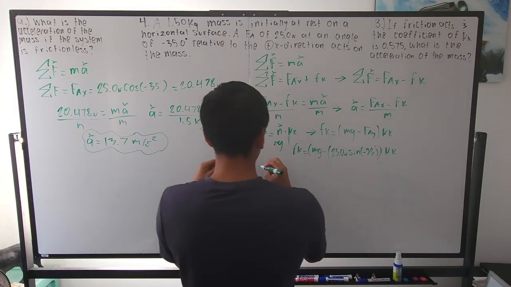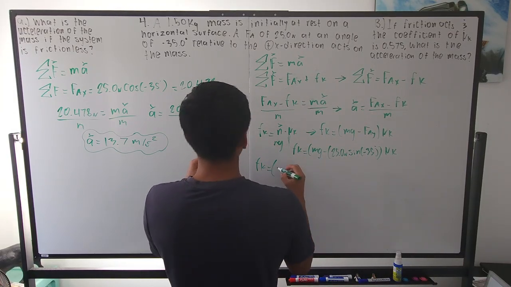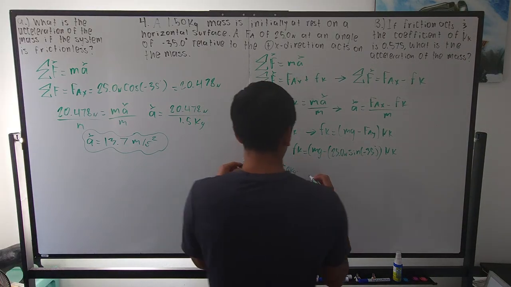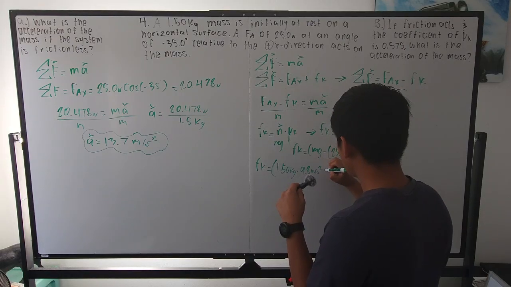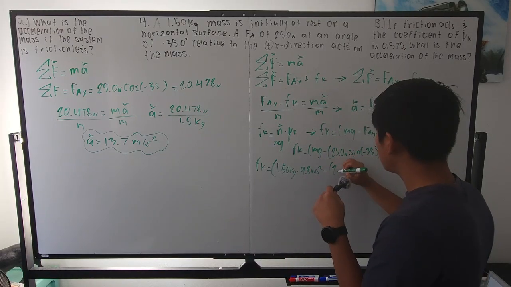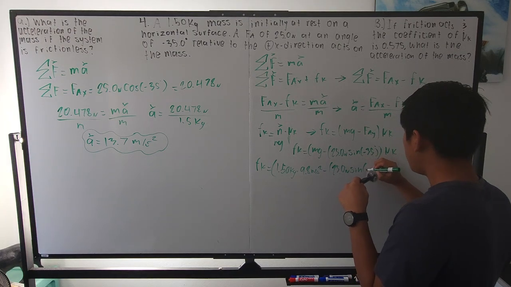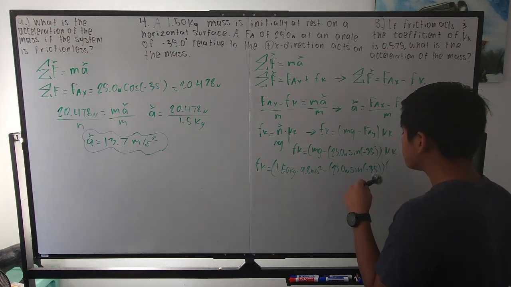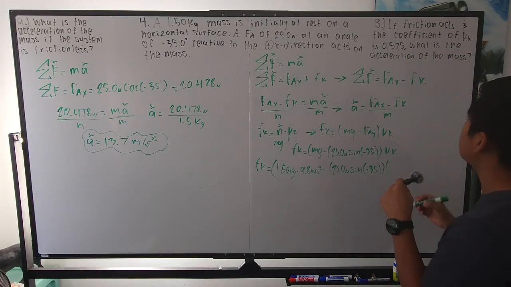Plugging in our values here, the force of kinetic friction is equal to the mass, which is 1.5, multiplied by g, which is gravity, minus 25 newtons, sine of that angle, which is negative 35 degrees, all multiplied by the coefficient of kinetic friction, which is 0.575.